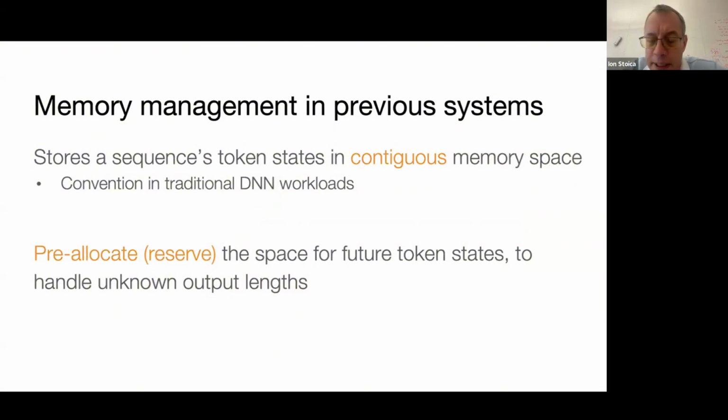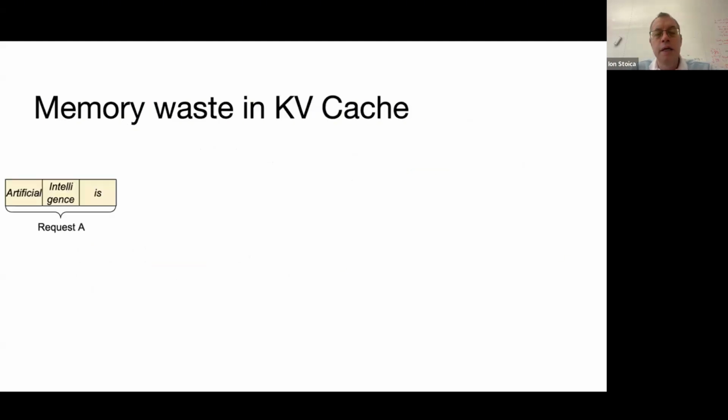And you pre-allocate the space, because if you need to store all the tokens sequentially, you need to figure out how big the entire request is, so you allocate enough. Otherwise you wouldn't be able to store the embeddings sequentially. And this causes a bunch of fragmentation.